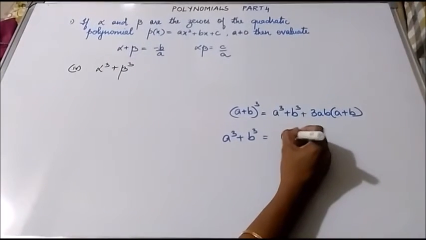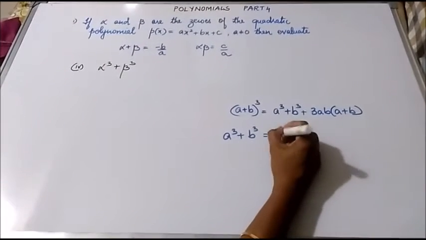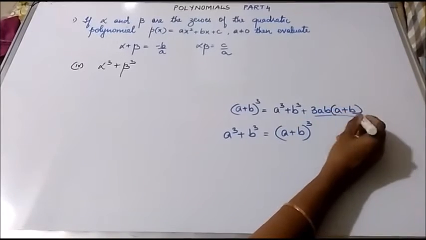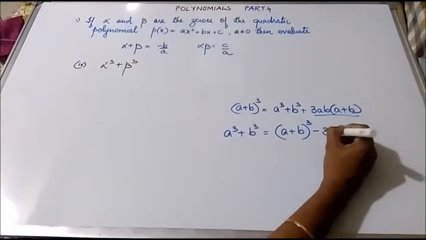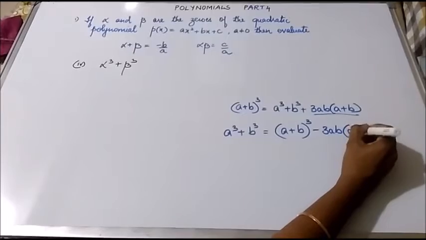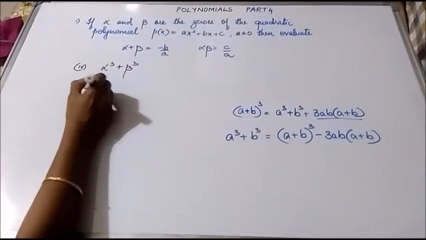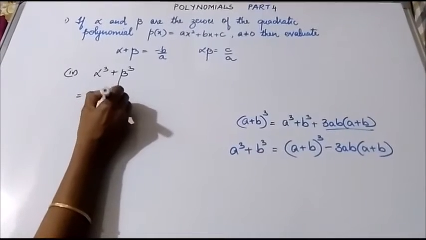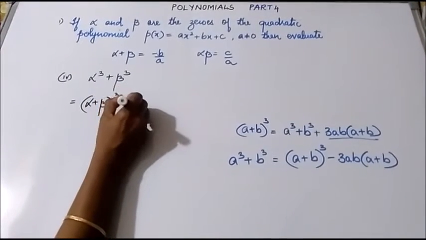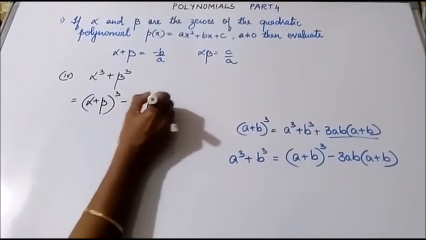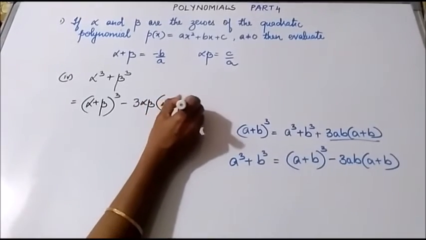It is a plus b the whole cube. This full term, when it goes to the other side, becomes minus. So, we rewrite this as alpha plus beta the whole cube minus 3 alpha beta into alpha plus beta.